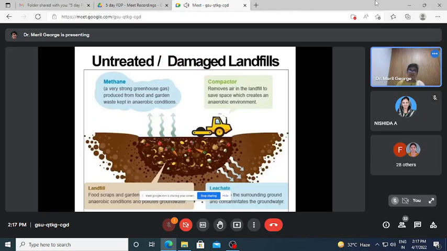Consider the untreated or damaged landfill that I have mentioned earlier, which was not a properly designed landfill, where authorities are just dumping waste on a particular site which is not as per the standards, or without giving any protection to the ground layers. By design, the risk of leachate generation can be mitigated only by properly designed and engineered landfill sites.